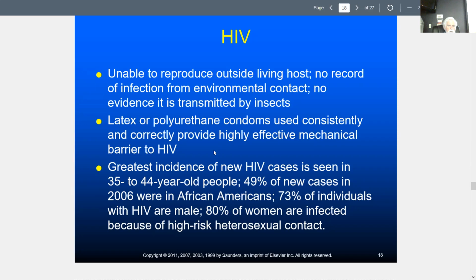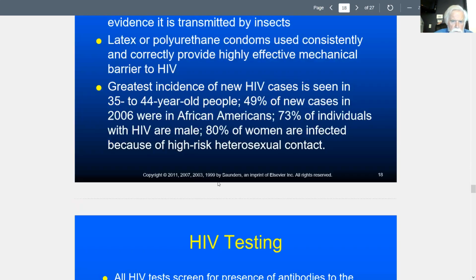Condoms made of latex are a pretty good, effective mechanical barrier. And unfortunately, we're starting to see our incidence going up in early middle age people.